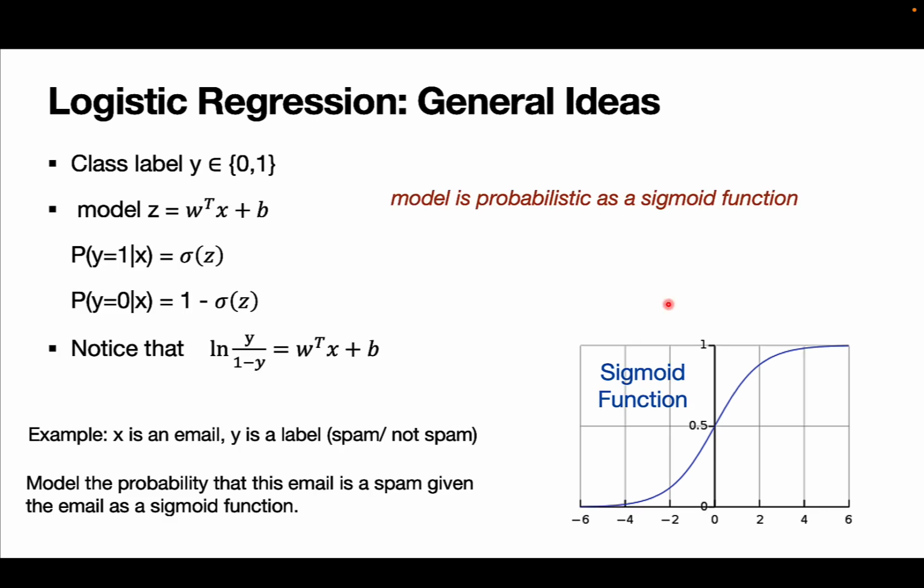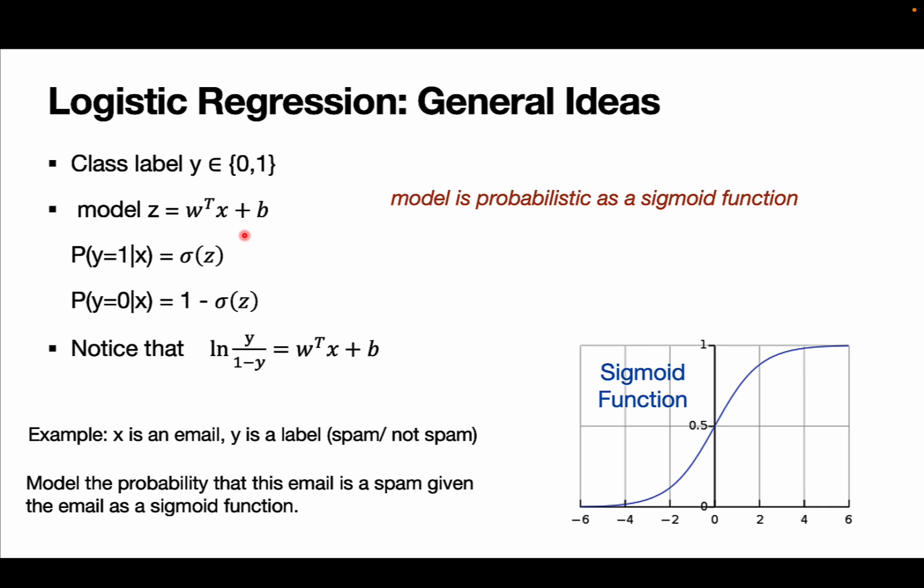Consider a binary classification problem like spam versus not spam. In the training dataset, 0 is for not spam and 1 is for spam. The goal is to model this relationship using a function like f theta of x, which in its simplest form is just a linear model.